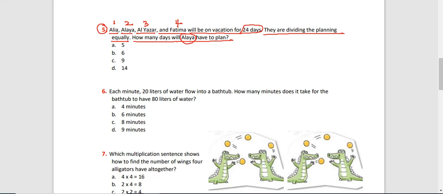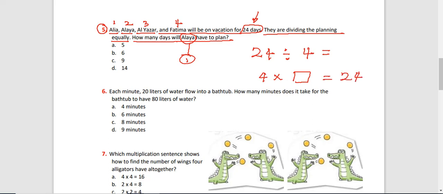4 of them. So if they are on vacation for 24 days, you're going to do 24 divided by the 4 of them to know how many days it will take for only one of them. So 24 divided by 4 is the same thing as saying what number will you multiply with 4 to get 24?